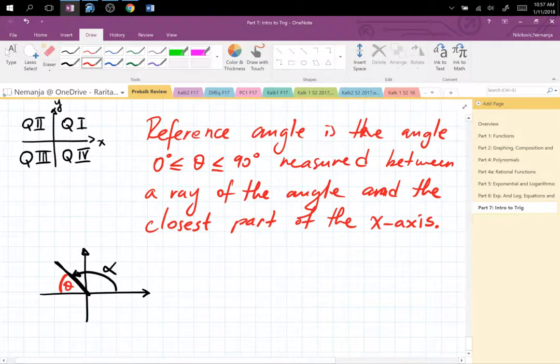And as you can see, the measurement of theta is whatever this value is. Let's say 45 degrees. If you have an angle here, and again, black is the original angle given, the reference angle is between the ray and the closest part of the x-axis. So this would be your theta.